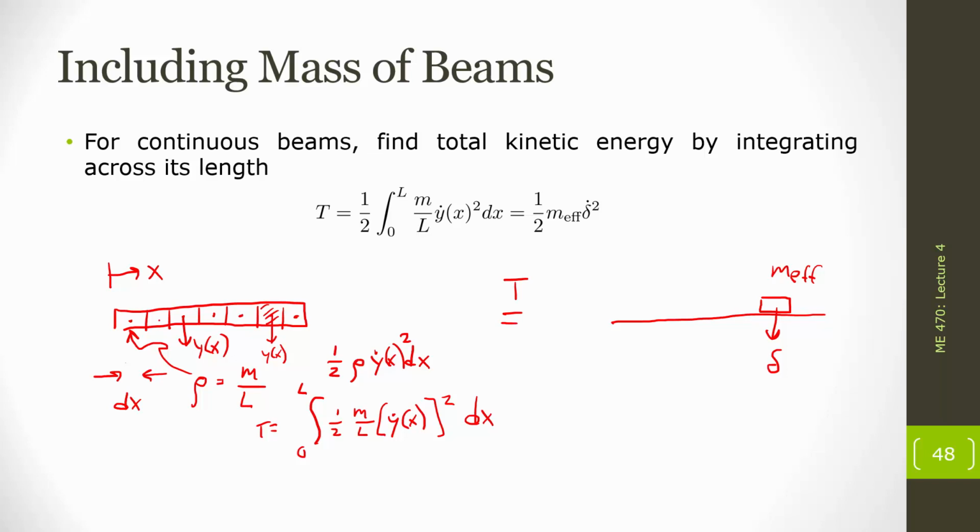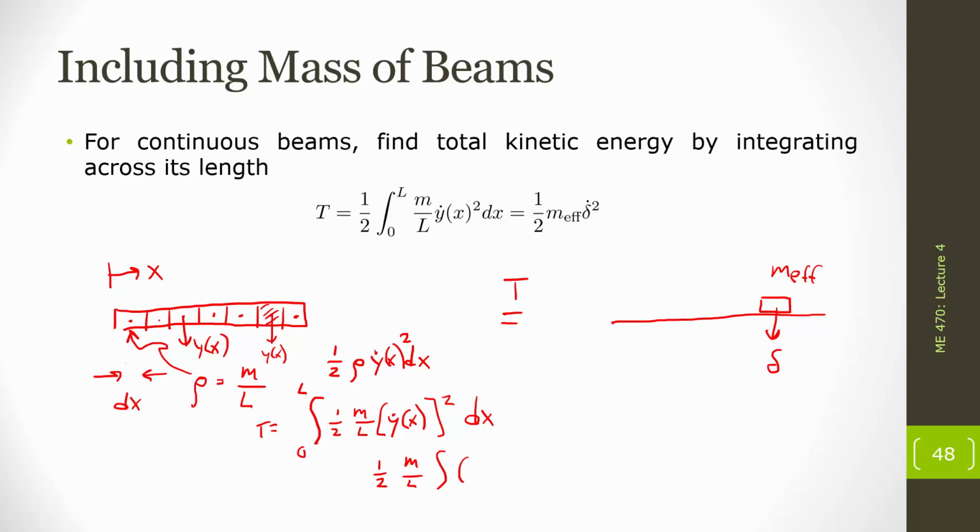Now I'm just talking about the beam here. There might be other masses as well, but I'm just trying to make an effective mass equivalency for my beam. Well, since the left-hand side I've already been able to calculate, I can pull out a 1/2, and if m and l are constant, I can pull that out too.